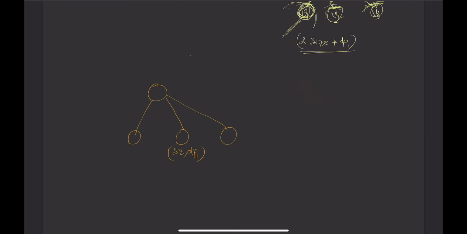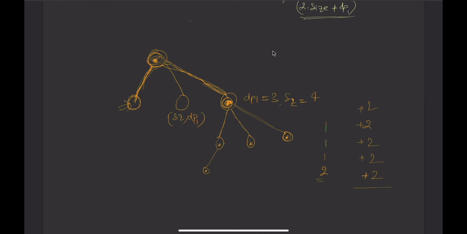Okay. And what about this node? It will also increment by 2. But what about this node? We never talked about this node, right? So I think that's where the value is less.